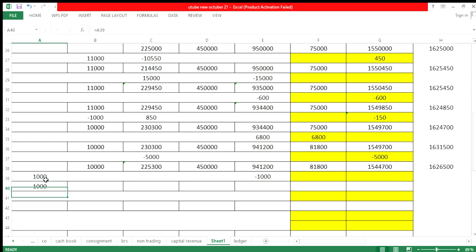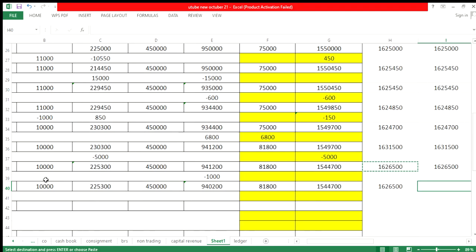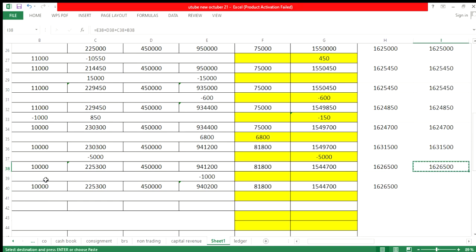So here let's take sum of both sides. There would be a difference in cash, while liability side would remain same. Here we will be increasing one column.